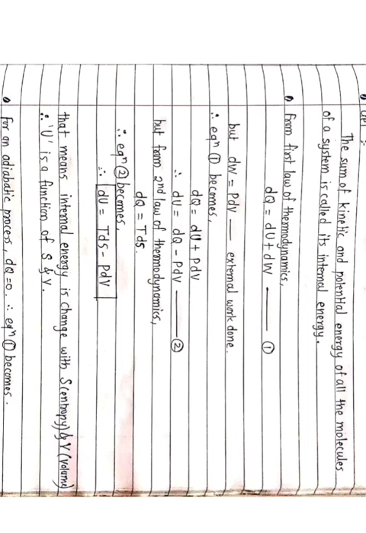That means internal energy is the change with respect to entropy and volume. Therefore U is the function of S and V, meaning internal energy is the function of entropy and volume.